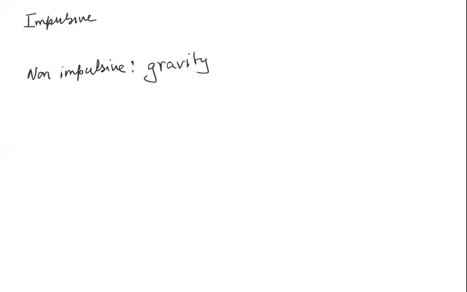You can never have impulsive gravitational force. Unless something mind-boggling like a black hole appears next to us and then disappears, some out of the world weird stuff, then it's a different matter. But gravity can never be impulsive. Gravitational force can never be an impulsive force.